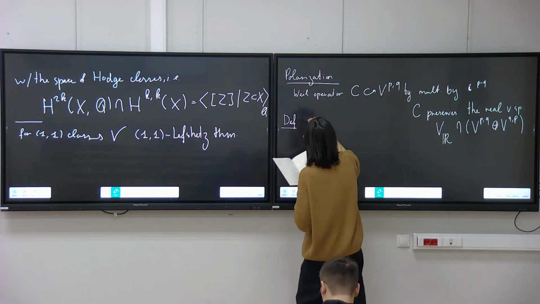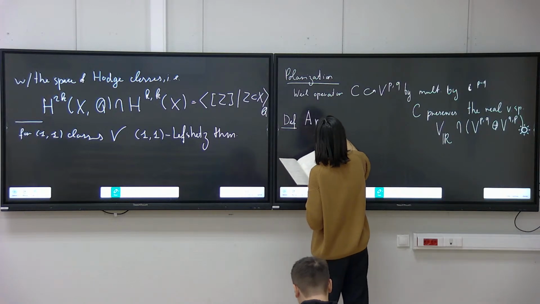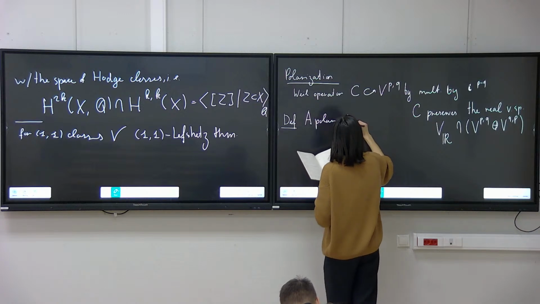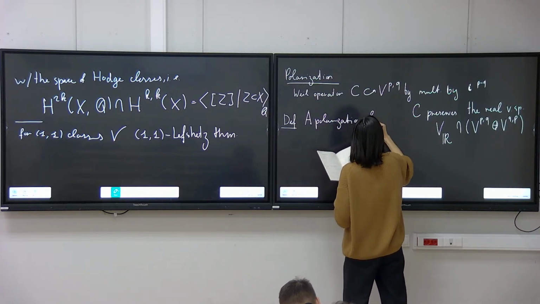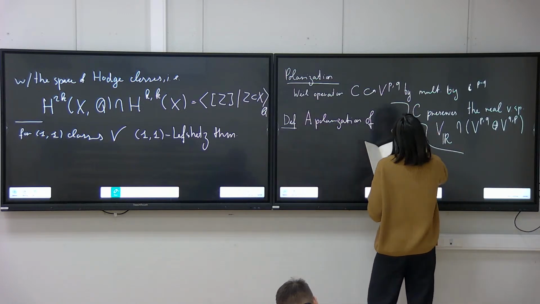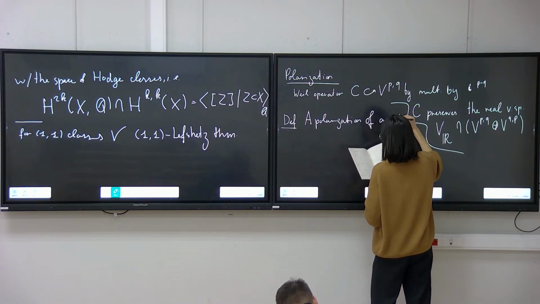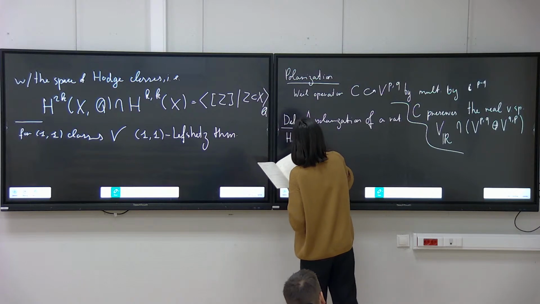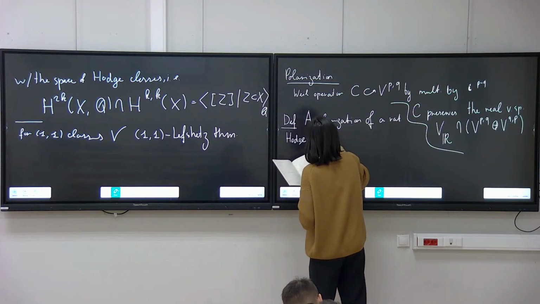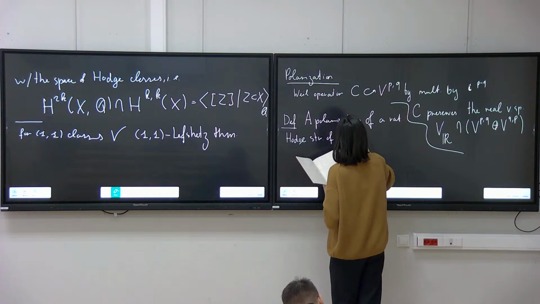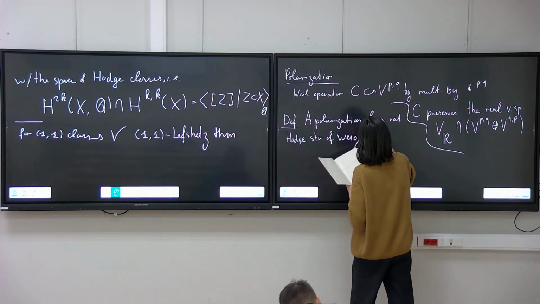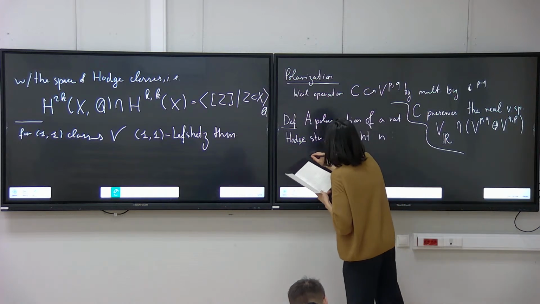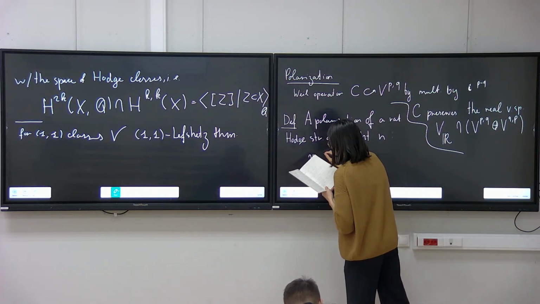Okay, then definition. A polarization of a rational Hodge structure of weight n is the following thing.